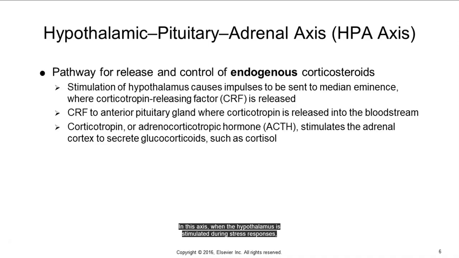In this axis, when the hypothalamus is stimulated during stress responses, it sends an impulse to the median eminence, which produces CRF, corticotropin-releasing factor. Then CRF travels to the pituitary, where it releases corticotropin or adrenocorticotropic hormone, ACTH. This hormone stimulates the adrenals to secrete glucocorticoids such as cortisol.